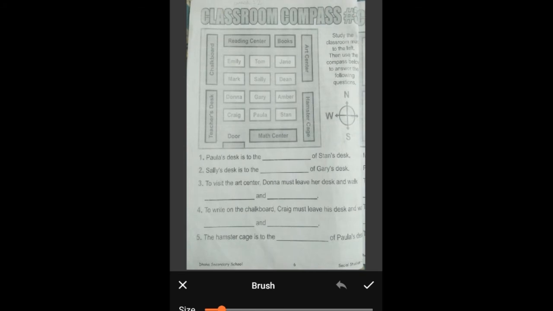First we will find where she is, right? And where is the art center? Here is the art center, right? Now Donna has to walk towards the art center. So how will Donna go? From her desk she will go in that direction, that is north, right?